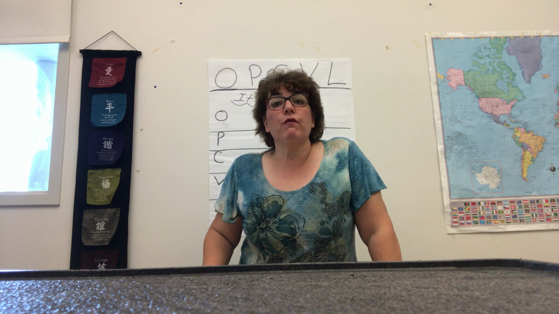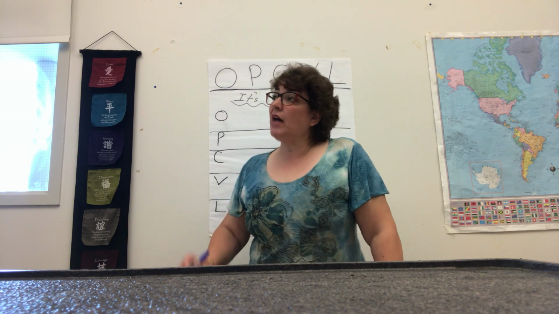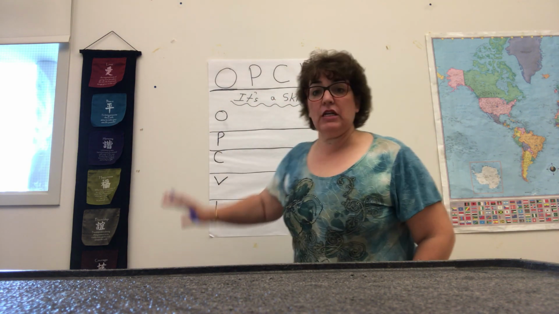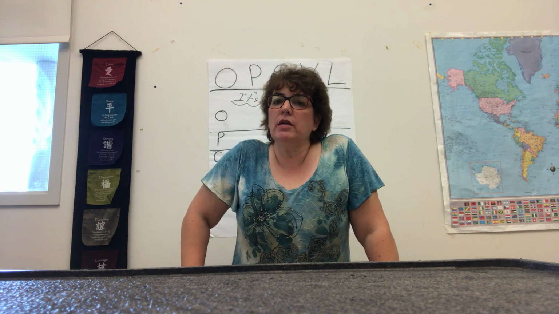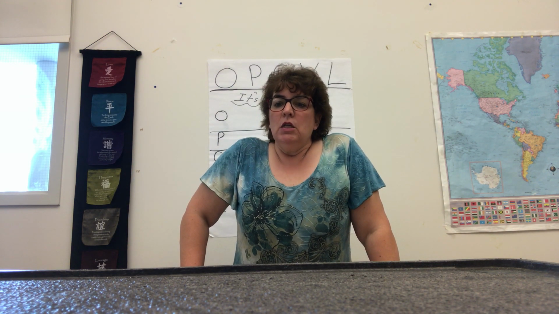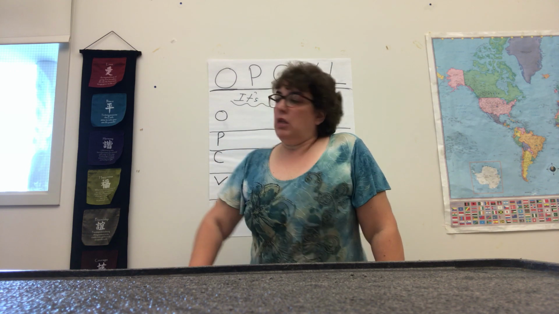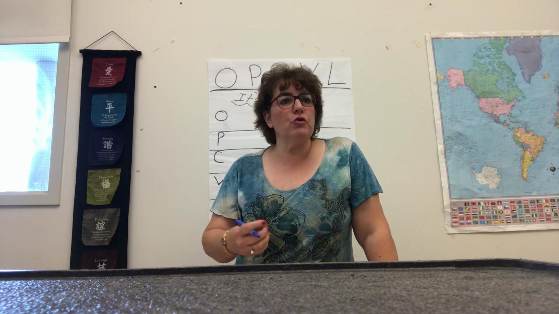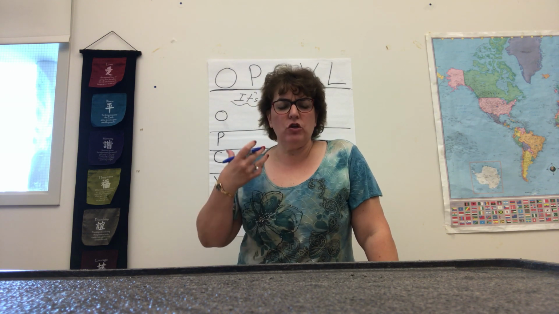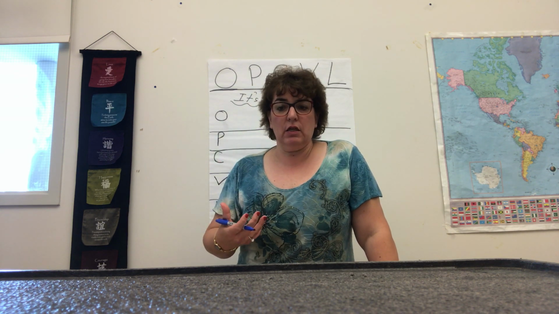IB looks for thoughtful responses. When you have done this on a source or 2 sources in your history course, you want it to be a thoughtful response. Some of it's given to you, like the first one, the origin. The rest, you have to really think. You're doing a little bit of speculation, a little bit of using good thinking skills.